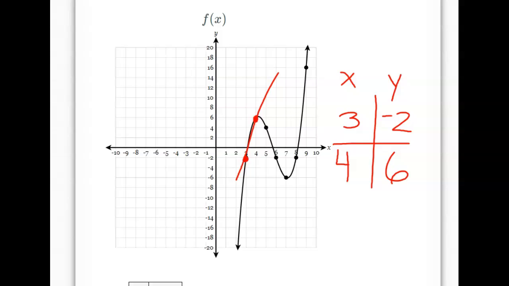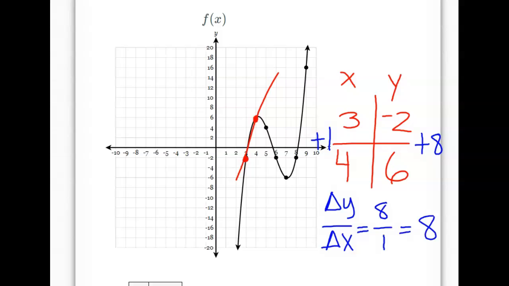So I'm going to do that. So I'm getting something that looks like change in y is 8 divided by change in x, which is 1, would give me, for that interval, an average rate of change of 8 units, whatever my variable would be that I'm looking at for my unit per unit rate.